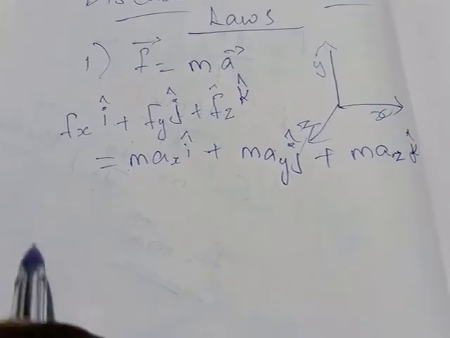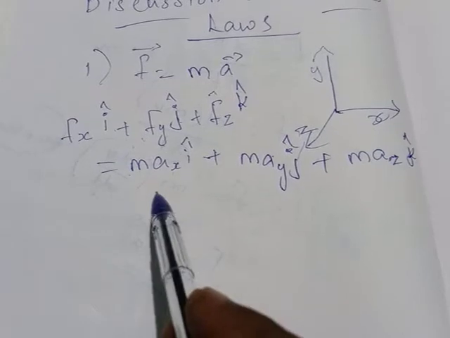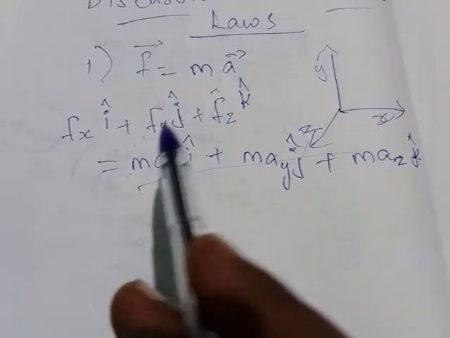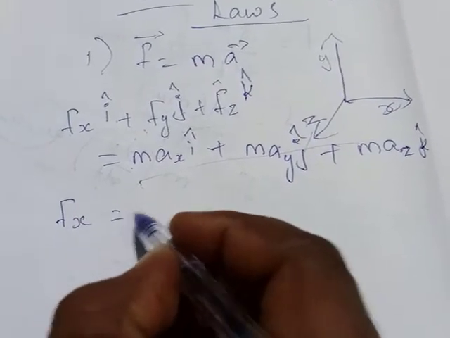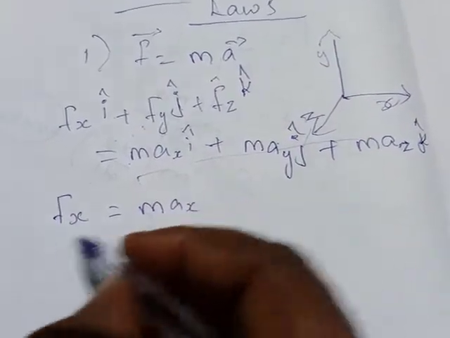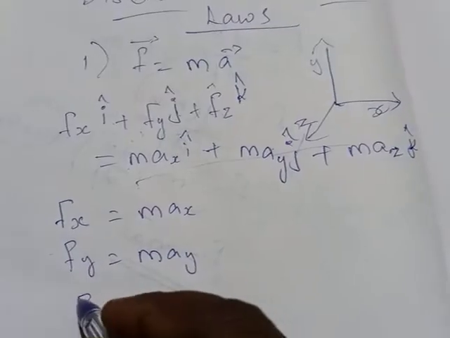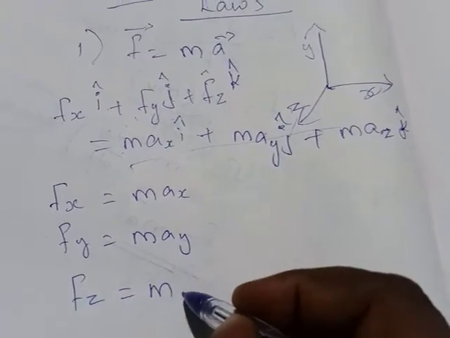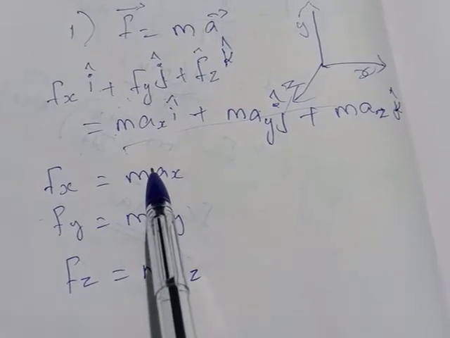If you compare the left side and right side, we get the equations Fx equals m ax, Fy equals m ay, Fz equals m az. Actually, the acceleration along the x direction depends only on the component of force acting along the x direction.